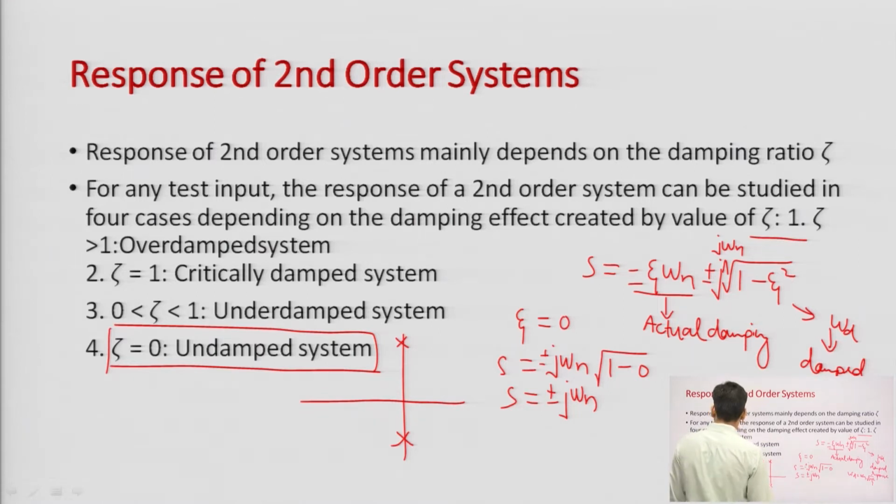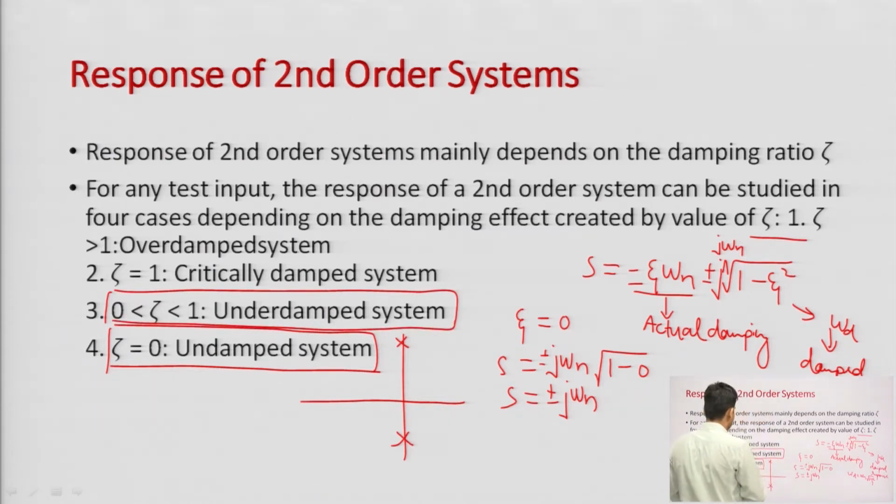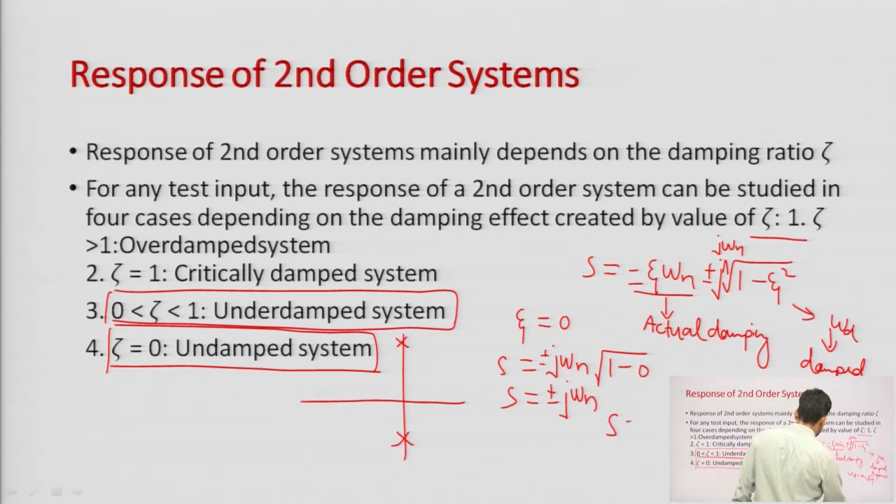In the same way, whenever I put zeta greater than 0 but less than 1, this comes under the category of underdamped system. What the response would be, we will see later. When zeta is equal to 1, the whole square root term becomes 0, so you get only S equal to minus omega n.